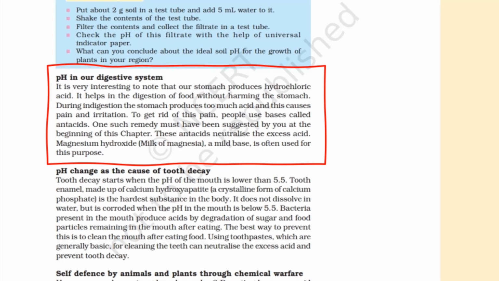But at the same time, if the stomach is without food for a long time, this hydrochloric acid starts corroding the walls of the stomach. Definitely, it doesn't happen overnight, but if anybody has a tendency of starving for long hours, with the passage of time and age, there are high chances of people undergoing stomach ulcers.